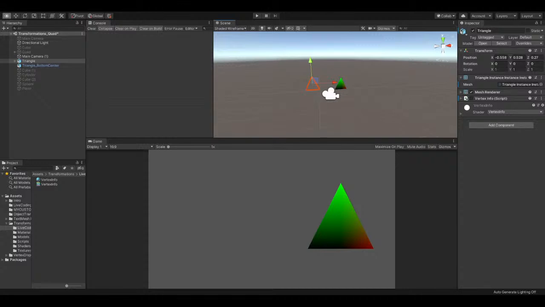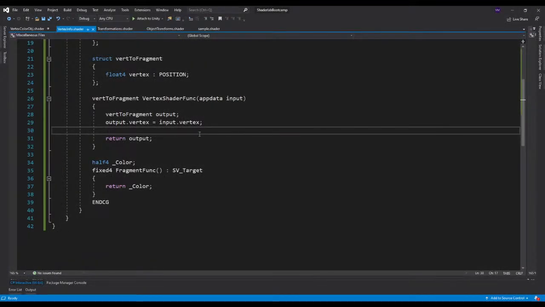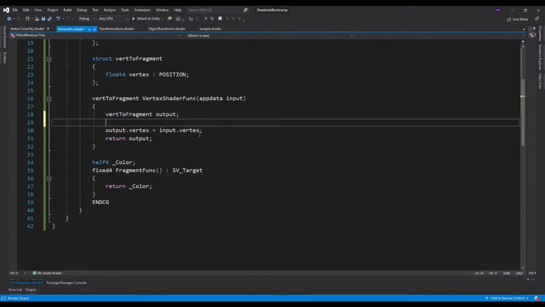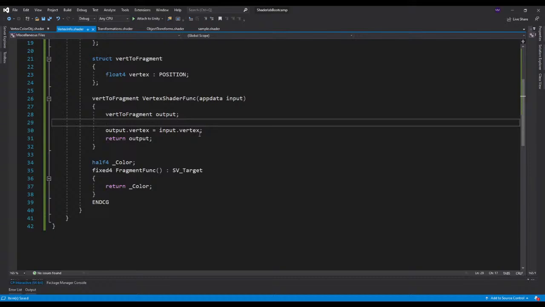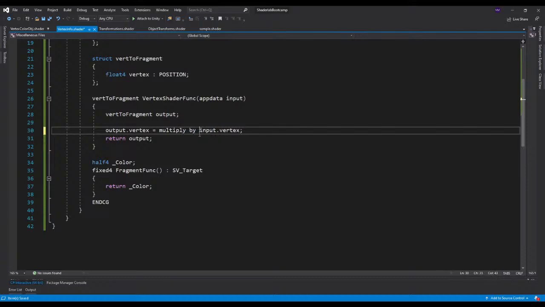So when I go to our vertex shader, this is the vertex shader function, right? All we need to do is multiply by the model view projection matrix.